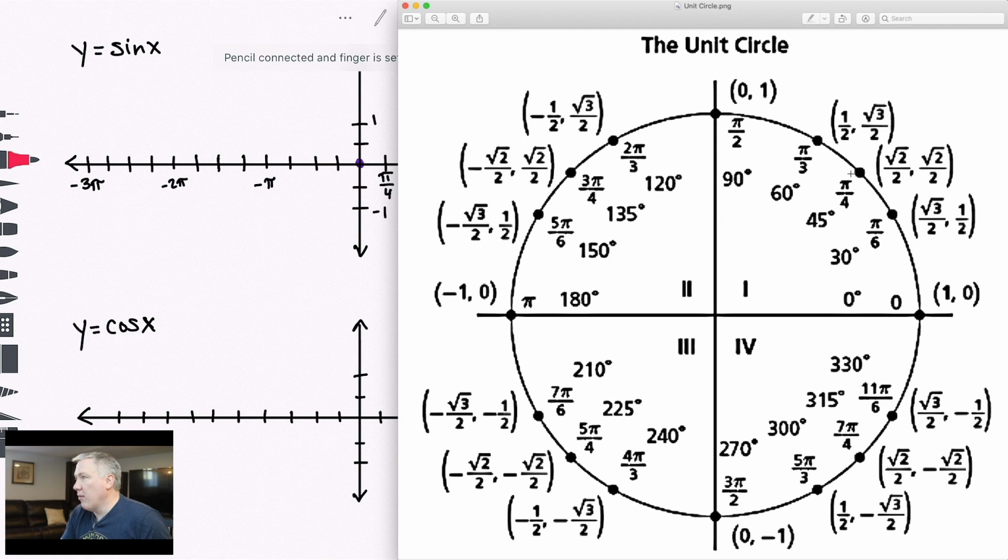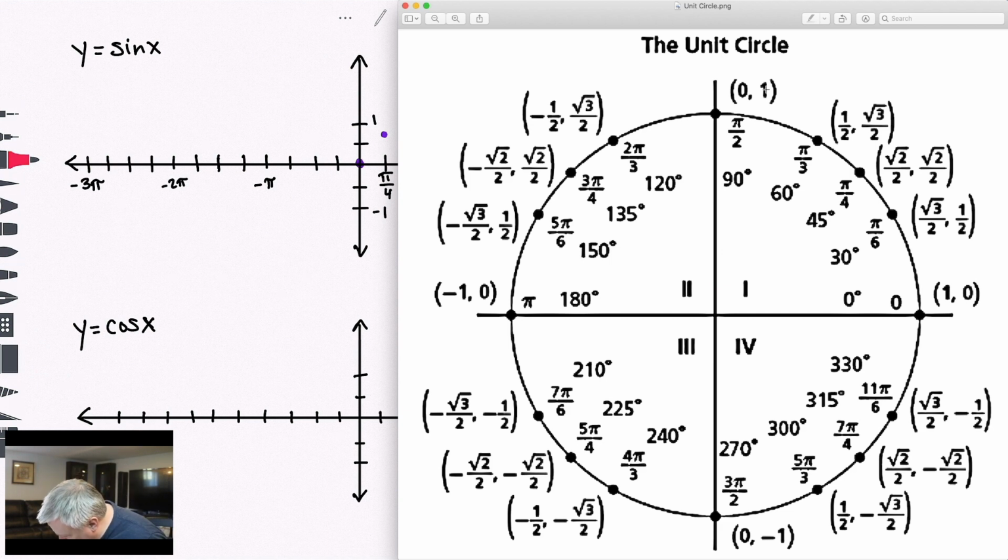When I input pi over 4 up here, I get the square root of 2 over 2. Now, as a decimal, that's about 0.7. So it's roughly a little bit less than halfway between those 2 tick marks, between half and 1. And then we've got pi over 2 here, and so 0, 1. So 1 is the y-coordinate there for pi over 2, and so on.